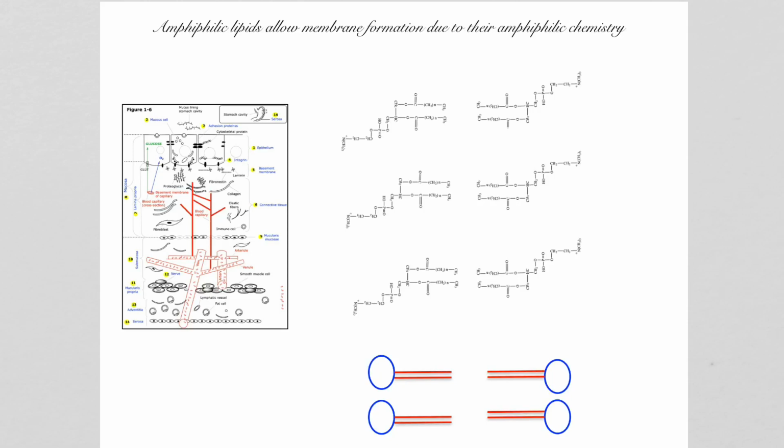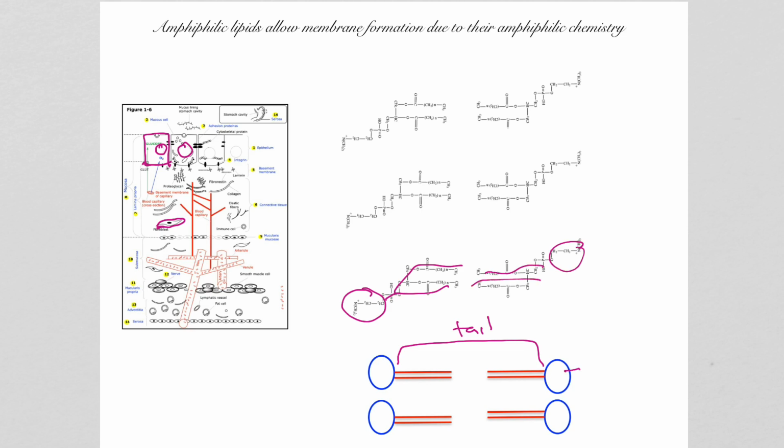So membranes of cells, whether it's the plasma membrane or nuclear membrane, all membranes of the cells are made up of amphiphilic lipids. All right, the tail part, and then the head part. So head and the tail, head and the tail.